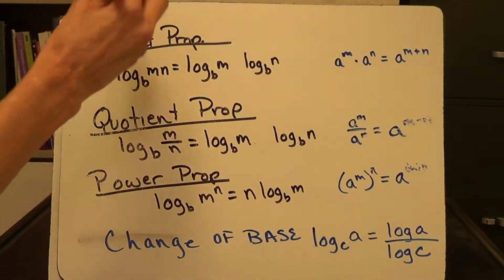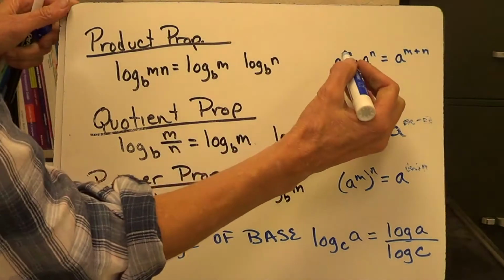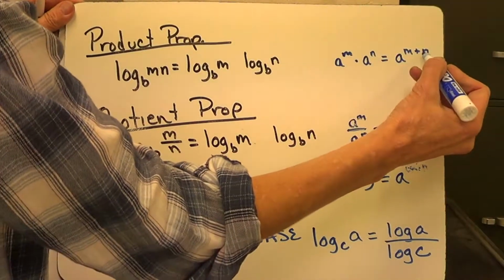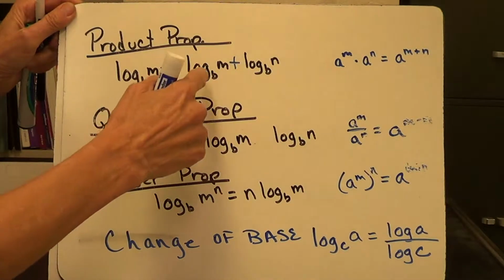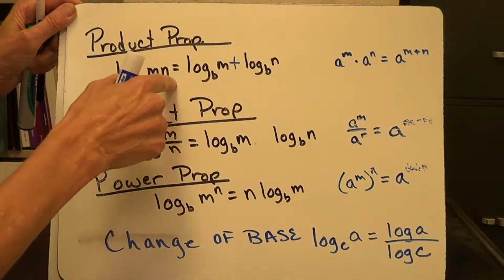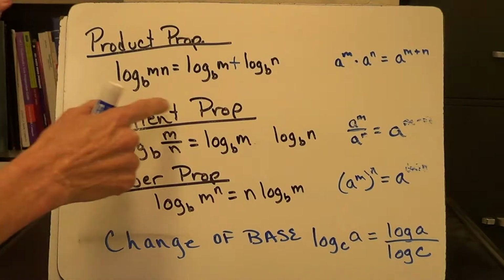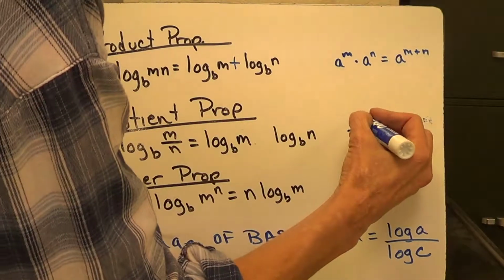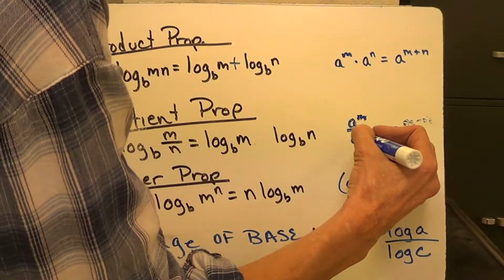Next one, we look at the product property of logs. What's really cool here is just think about your exponential properties that you've known since Algebra 1. When you multiply a to the m times a to the n, you added those exponents, right? Add the logs. Logs added together with the same base are the same thing as if you multiplied those two numbers. Now, quotient property, same thing. Think of your exponents, a to the m divided by a to the n.